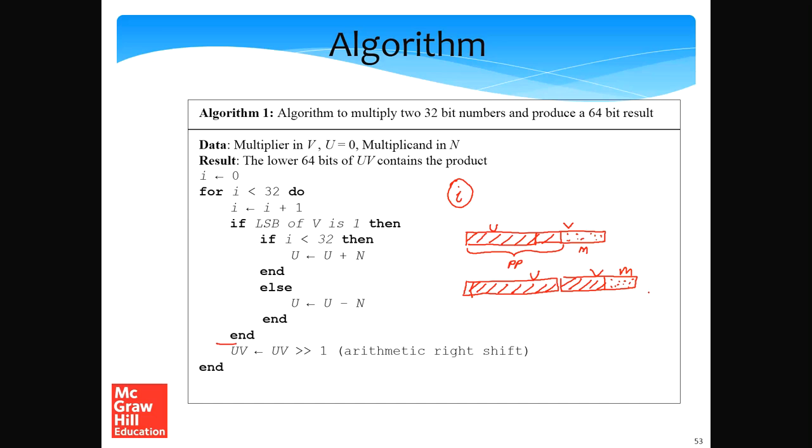So what we do now is that we come to the next iteration. In the next iteration, if the partial sum is 0, well and good, we don't have to do anything. But let's consider the case where the least significant bit is 1. In this case, what we do is very interesting.